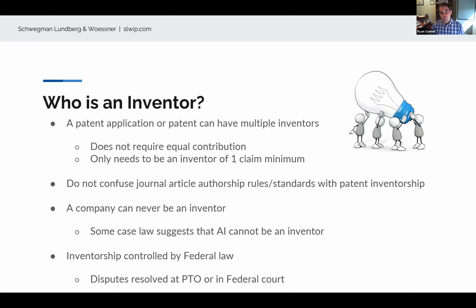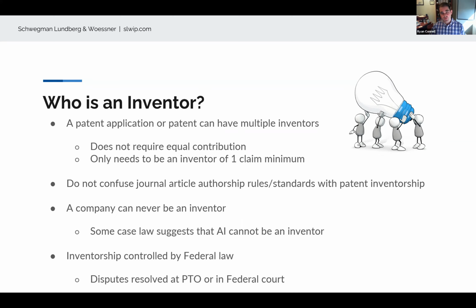One kind of trip up I've noticed sometimes is folks conflate the rules for authorship of a journal article with inventorship. Again, journal articles tend to be inclusive, right? In the academic sense, you might have your primary investigator, graduate student, postdoc, undergrad researchers, lab techs, and everyone, rightfully so, is named an author on the paper if they had a hand in the research.